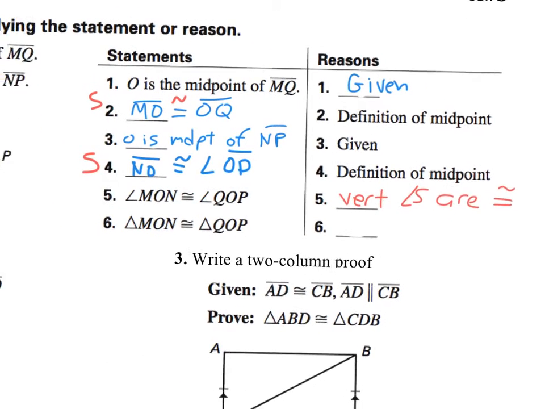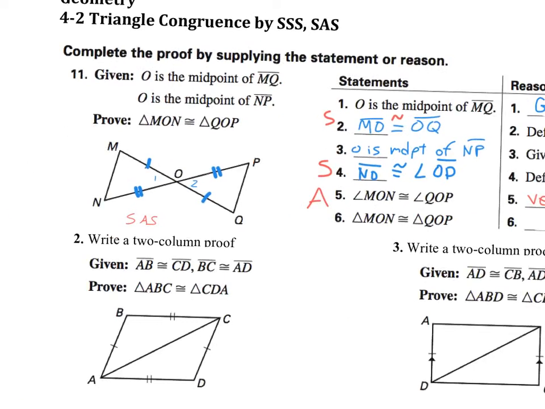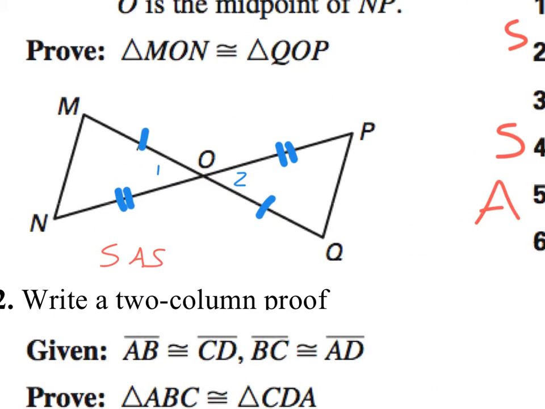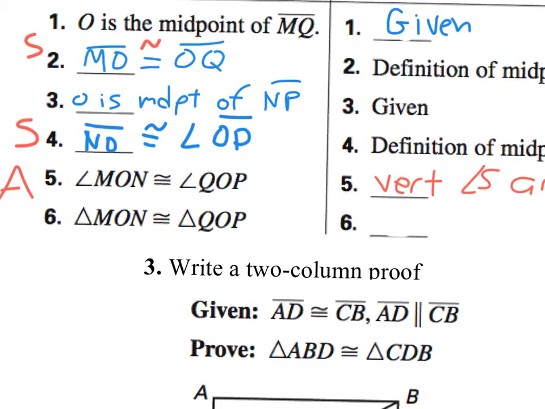Now, according to the proof, I have SSA. But according to my diagram, what's the pattern? SAS. Side, angle, side. So I tend to actually write my proofs in the order of what theorem I'm using, but it doesn't actually matter.